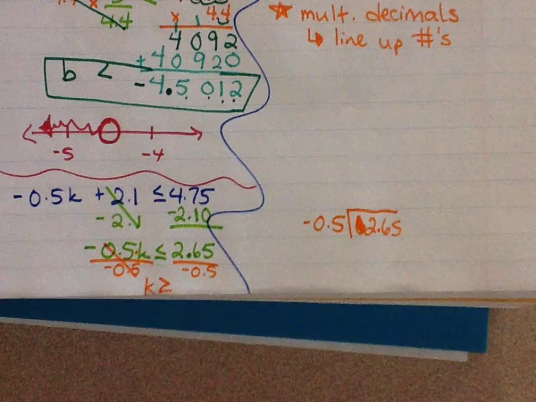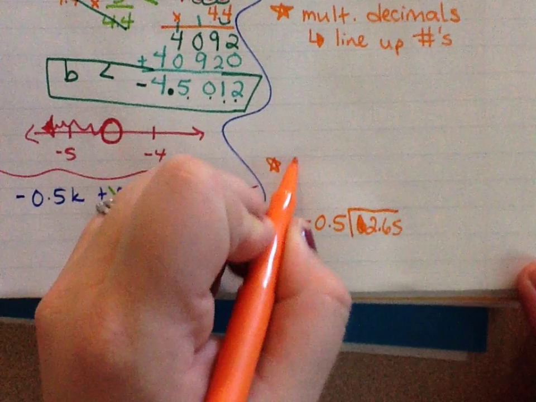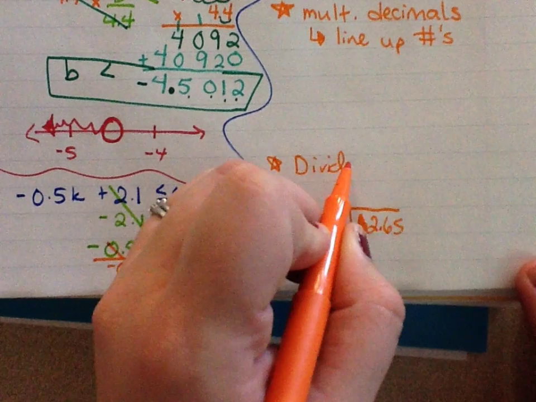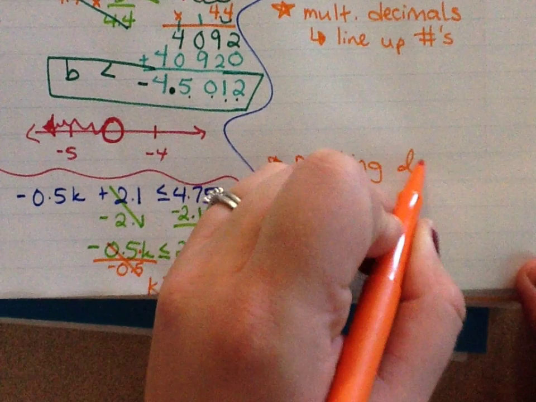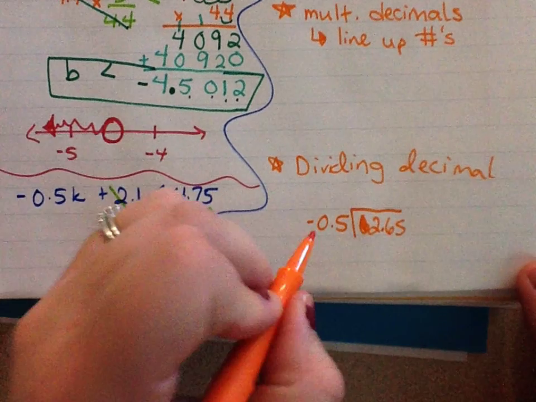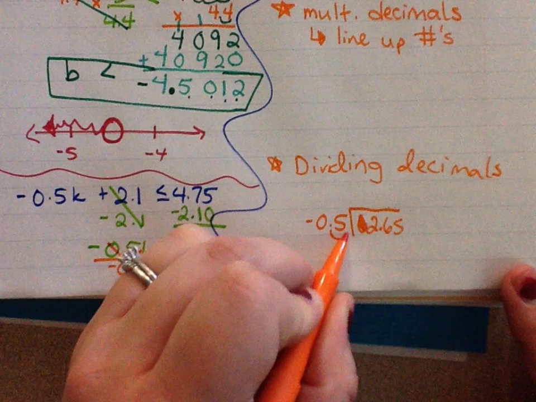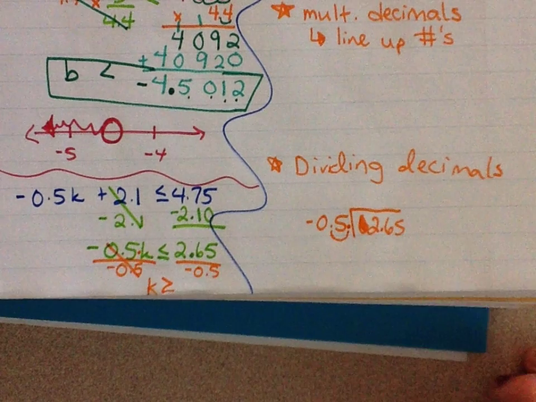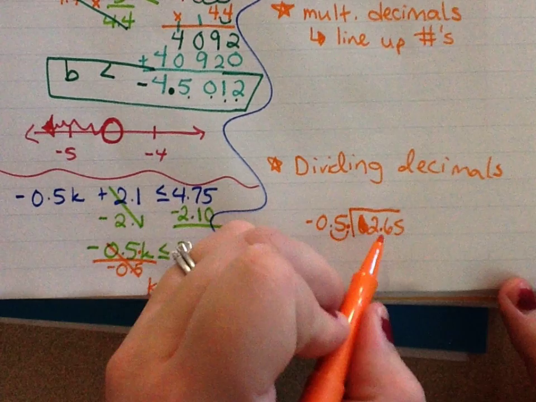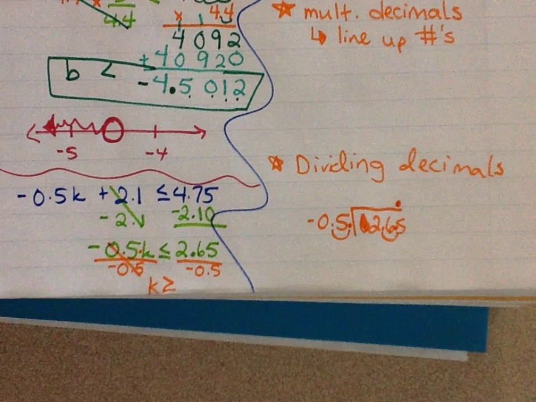When you are dividing decimals, what do I need to do with my outside decimal? I need to move my decimal to make it a whole number. I moved it one place, so I move it one place on the inside. This is where my decimal is going to go in my final answer.